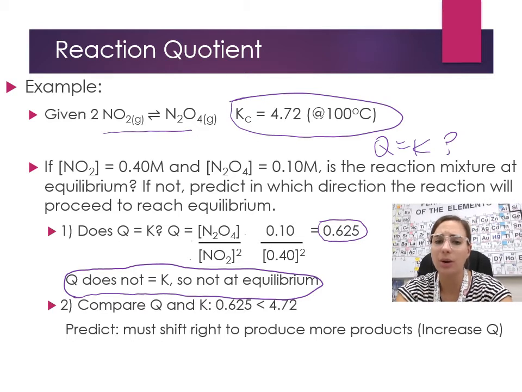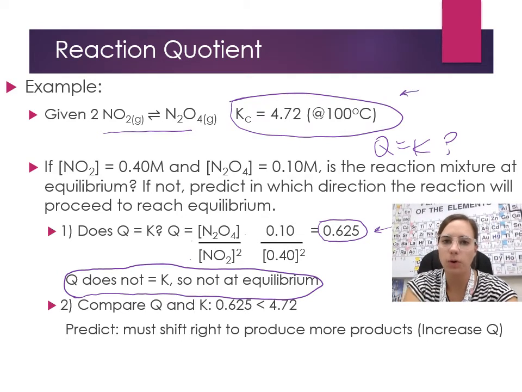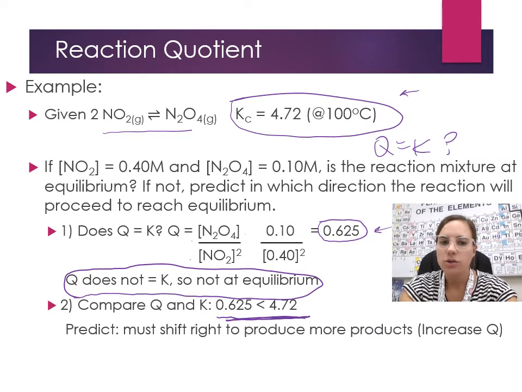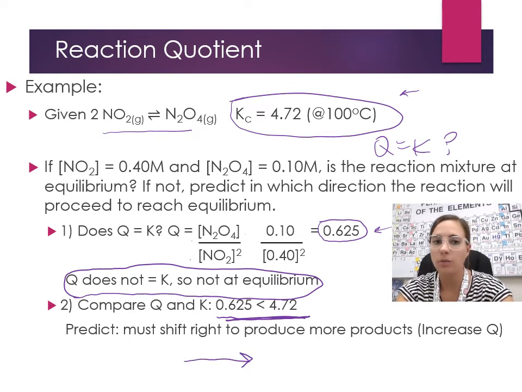Now I compare Q to K. Comparing 0.625 to 4.72, Q is less than K. So I have to shift right. I've got to make more product in order to increase the value of Q so it moves towards a value of 4.72.